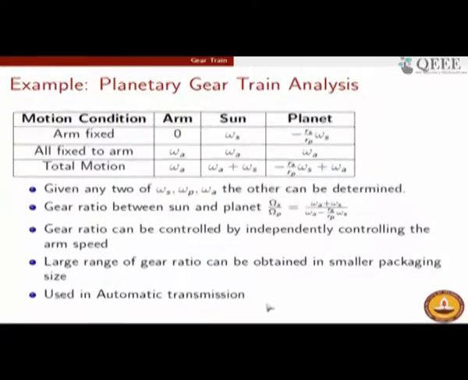When the car is taking a turn, the left hand side and the right hand side wheel need to rotate at different speeds, because if the car is turning leftwards, then the left wheel needs to rotate at a different speed compared to the right wheel, because the right wheel will be executing a longer curve and the left wheel a smaller curve. So accordingly, the two speeds will have to be adjusted such that the car moves synchronously on both the sides. So this is achieved using the differential.